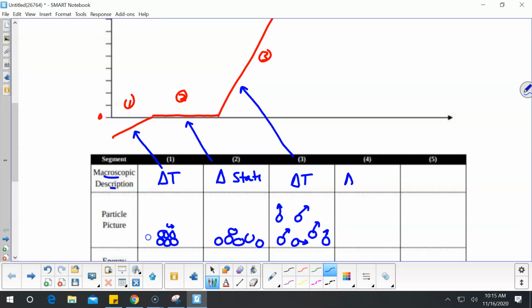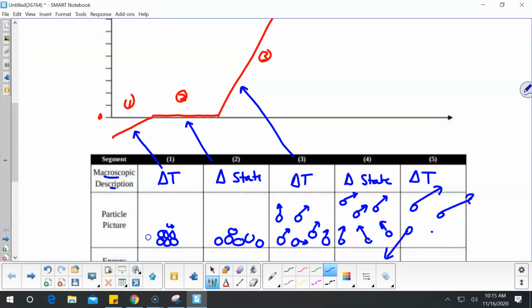And then the next one would be a change in state, at the same temperature. And the last one, I have a change in temp again. So now I'm going to have that really moving.